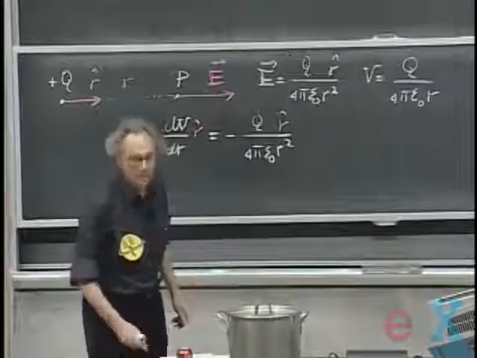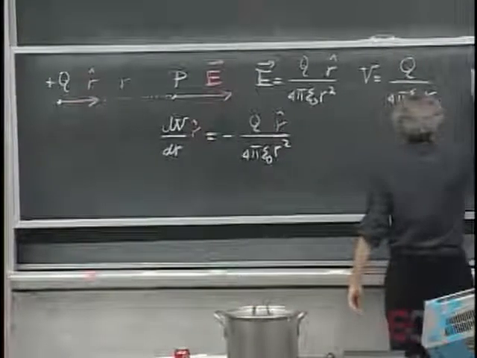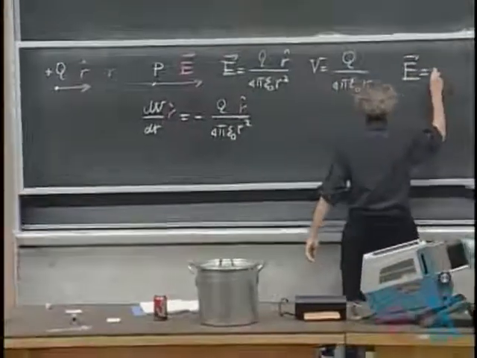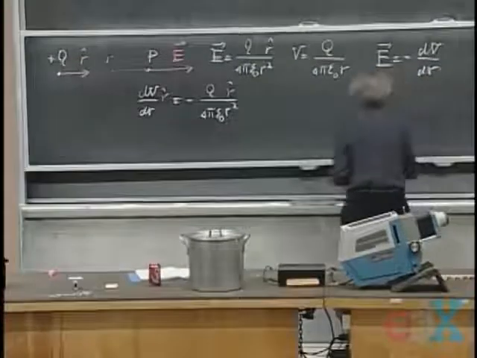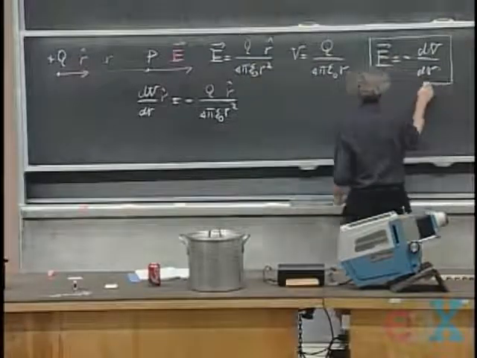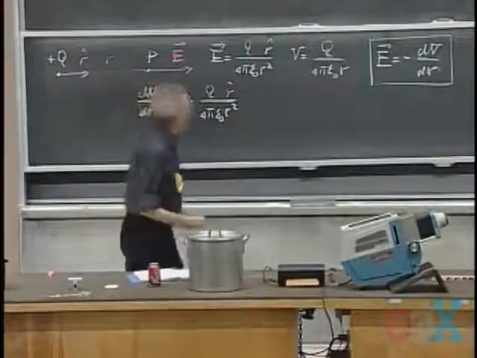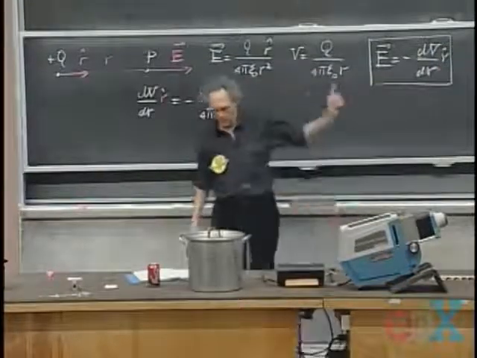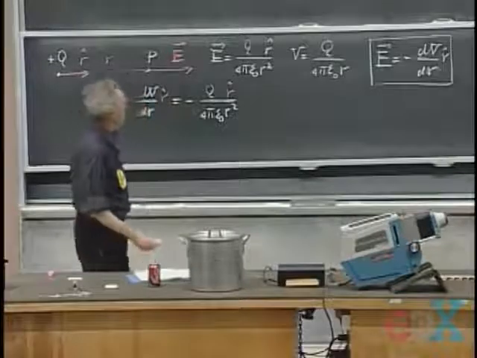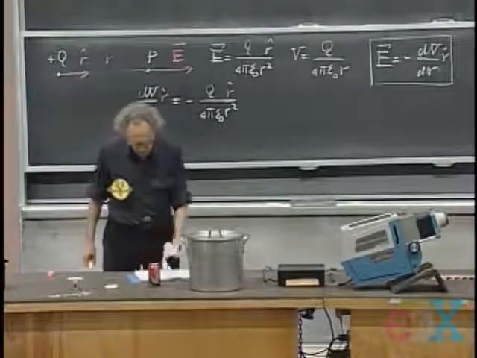And so the derivative of the potential is minus E, not plus E. And so I will write that down here, that E equals minus dV/dr. Oh, and I want this to be a vector, so I put here r roof. Vector on the left side, you must have a vector on the right side. And so if you know the potential everywhere in space, then you can retrieve the electric field.